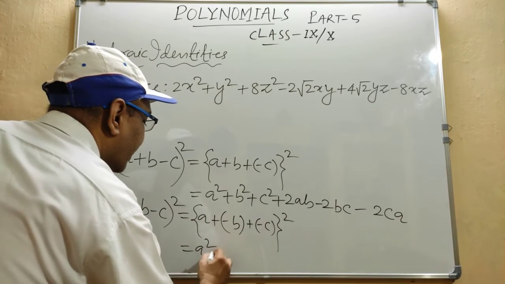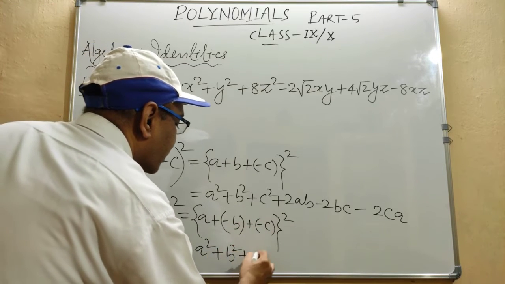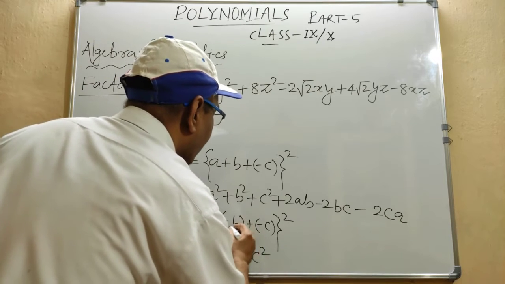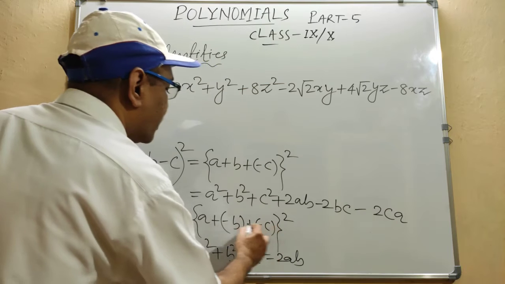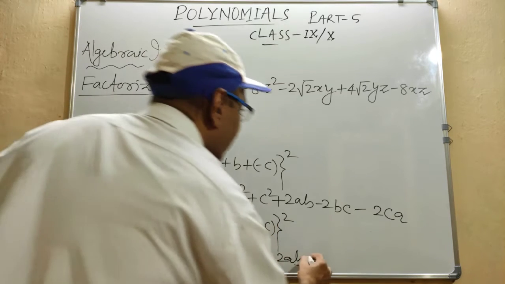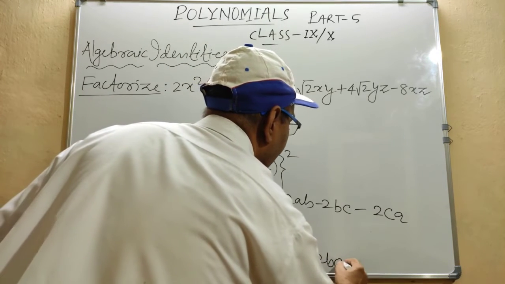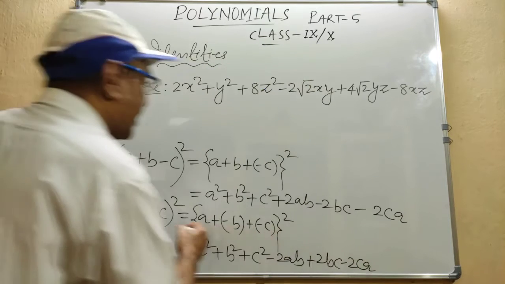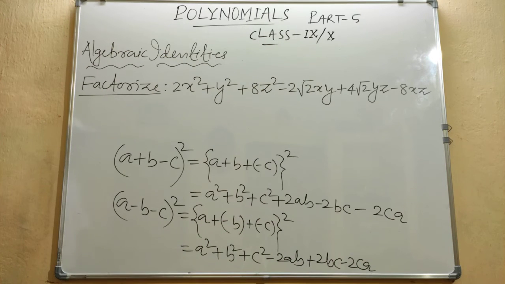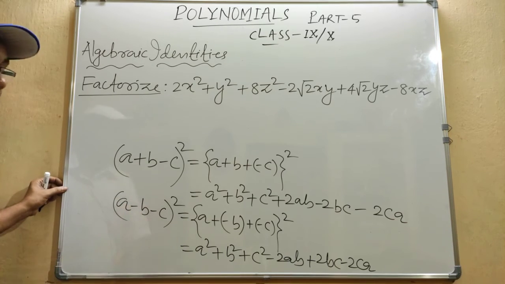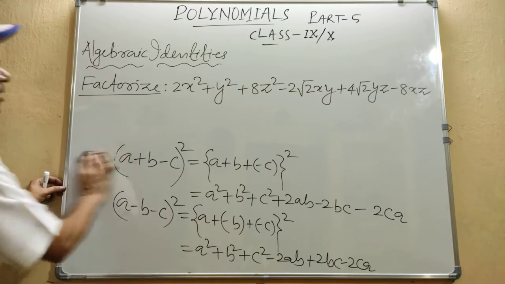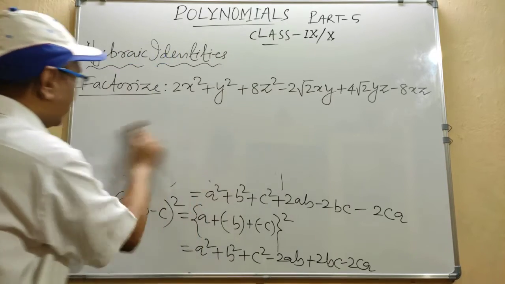So it will be a square plus b square plus c square, plus 2ab but b is negative, so minus 2ab, then bc with both negative gives plus 2bc, minus 2ca because c is negative. So in this way we can expand it, or maybe minus b plus c, or whatever sign may be, you can expand in this way.